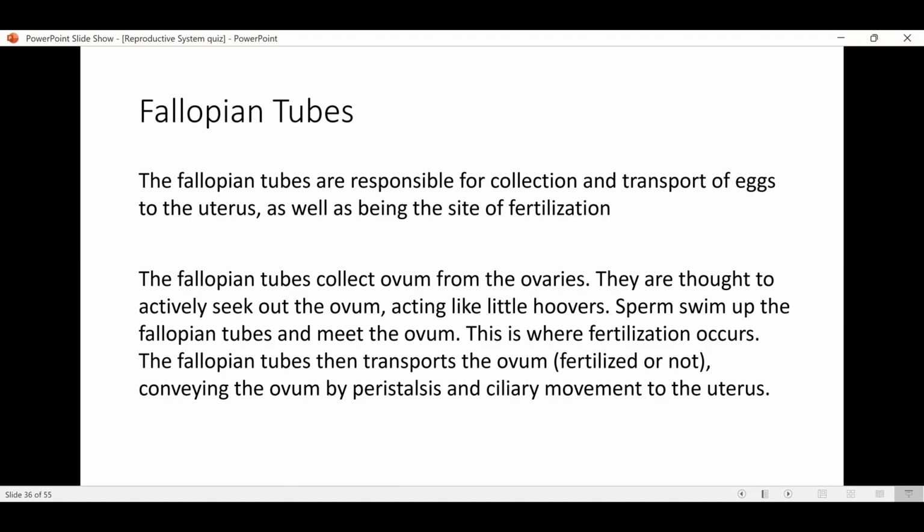And the fallopian tubes are like little hoovers. They actively seek out the ovum, and they act like little hoovers. And there has been at least one case where someone has got pregnant when they've only got one ovary and one fallopian tube on opposite sides, and the little fallopian tubes just sucked it all up and they've got pregnant.